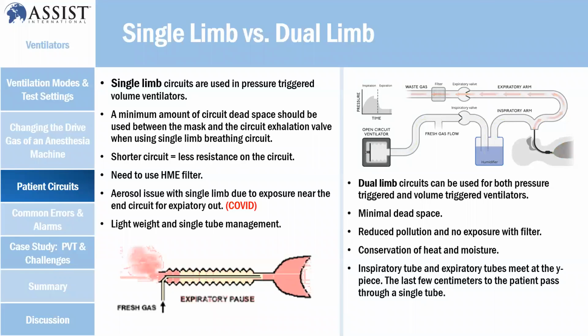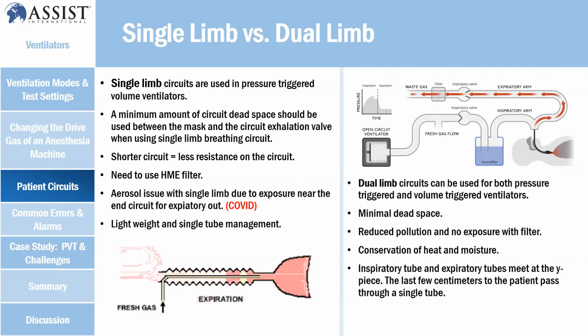the circuit can be used on both pressure-triggered and volume-triggered ventilators, and it has minimal dead space, reduced pollution, and no exposure with the filter, because you can see on this particular line, on inspiratory, you can have a Y connector filter, and you can have another filter at the expiratory line.